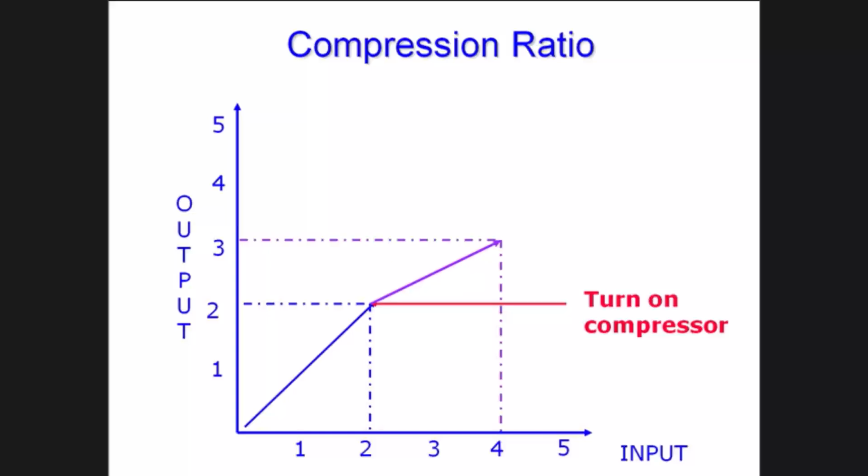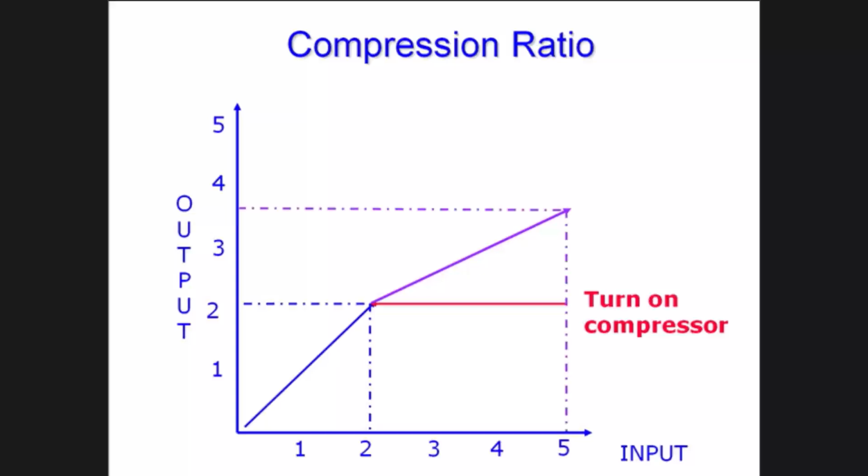We noticed that as the input increased 2 units, from 2 to 4, the output was only allowed to increase 1 unit, from 2 to 3. Likewise, if the input increased to 5 units, the output would only be allowed to increase to 3.5 units.